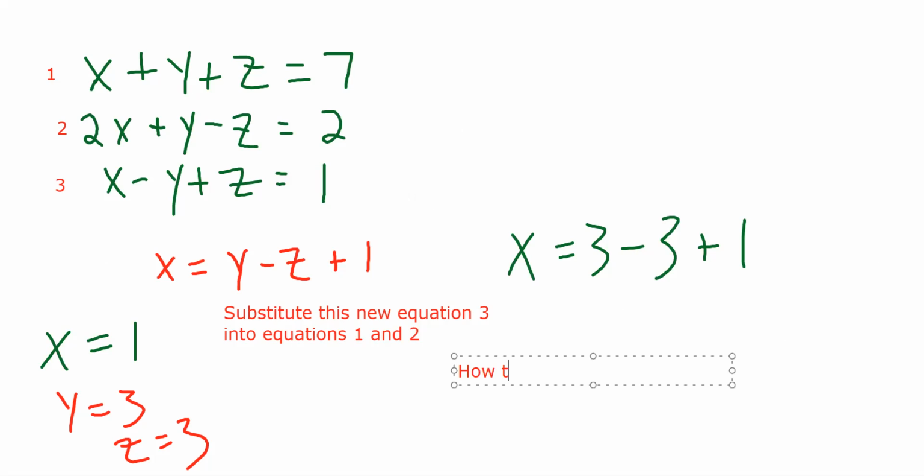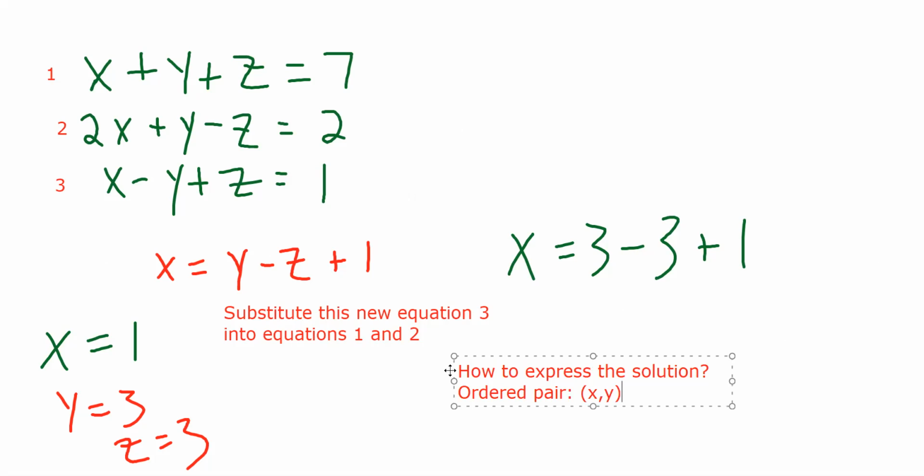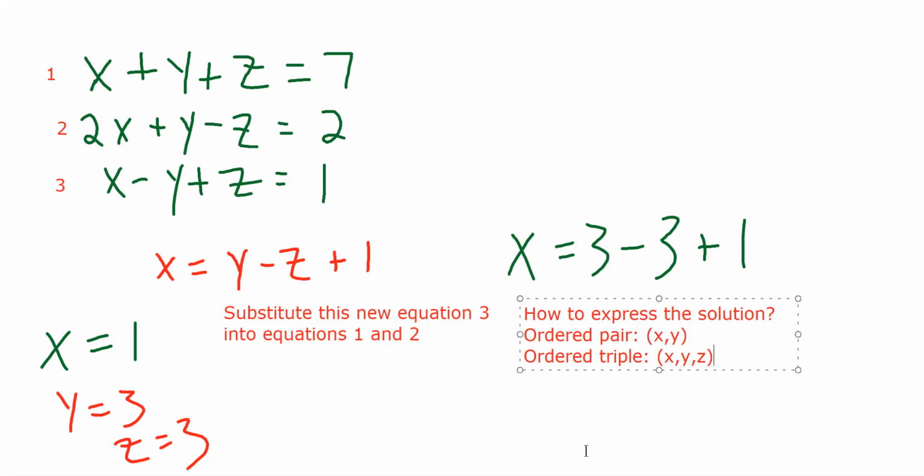Now, how to express the solution? Well, earlier we had an ordered pair that had an x variable and a y variable. Here we just extend that, an ordered triple, x, y, and z. So if you only have 2 variables, use an ordered pair.